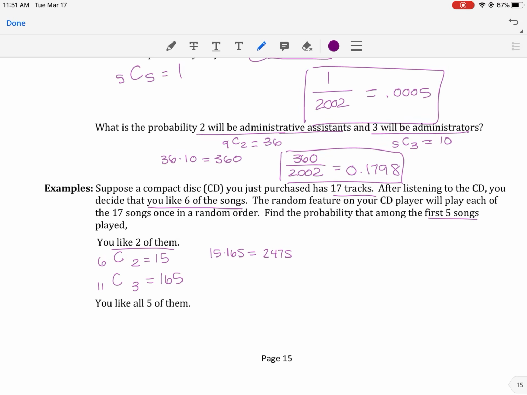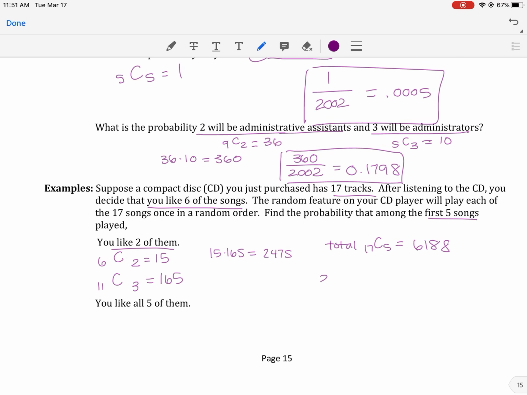But how many total ways are possible? The total is 17 songs, and we're choosing 5 of them. So if I take 17 choose 5, we end up with a total of 6,188 possibilities.